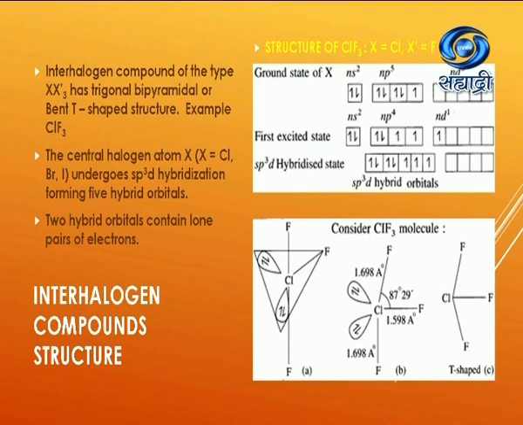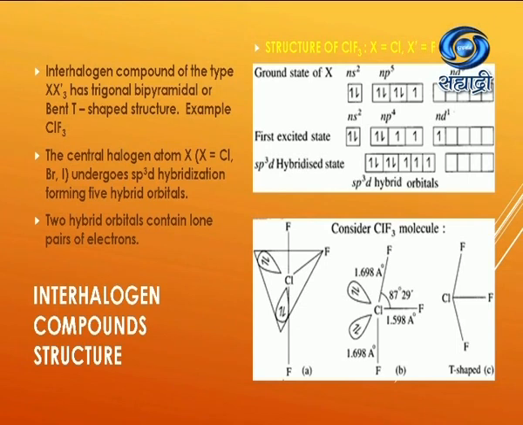The first is XX'3 type. Example is ClF3. The ground state configuration of Cl is ns2 np5, that is 3s2 3p5. In this case it is Cl. So first excited state and sp3d hybridization.